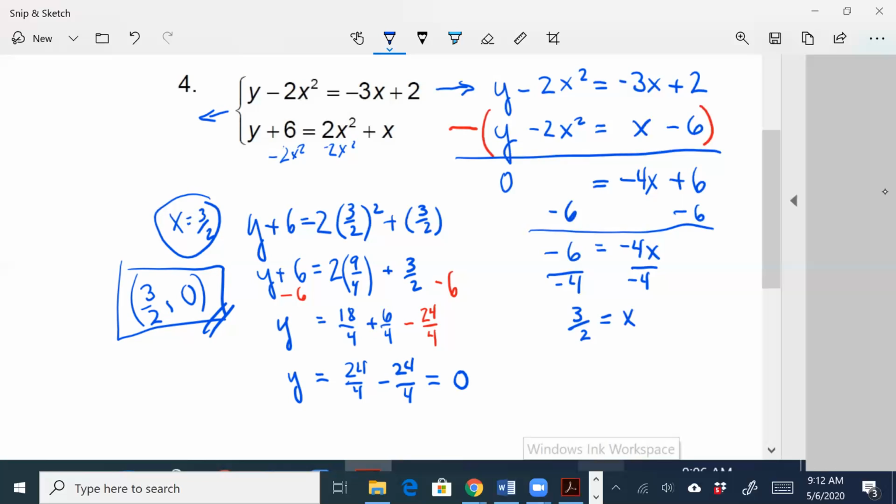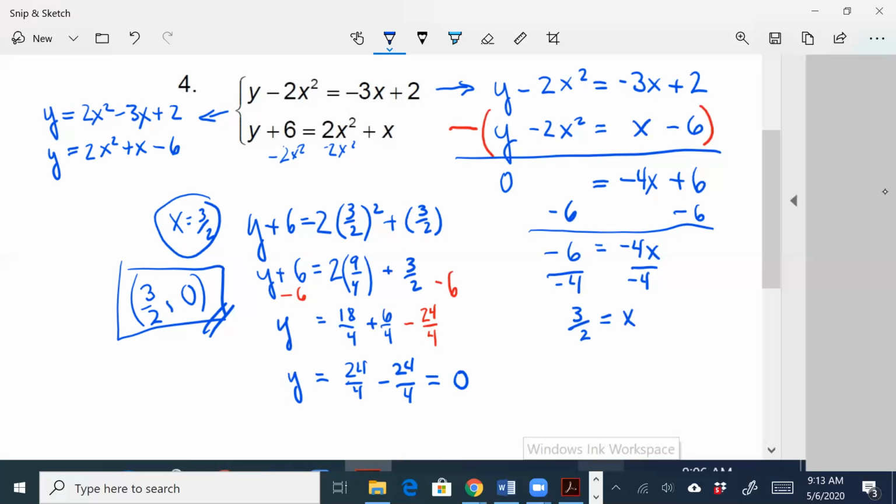Now, if I wanted to check that, y equals, I'm going to put negative 2x squared on the right-hand side, so it becomes 2x squared minus 3x plus 2. And the other equation, y equals 2x squared plus x minus 6.